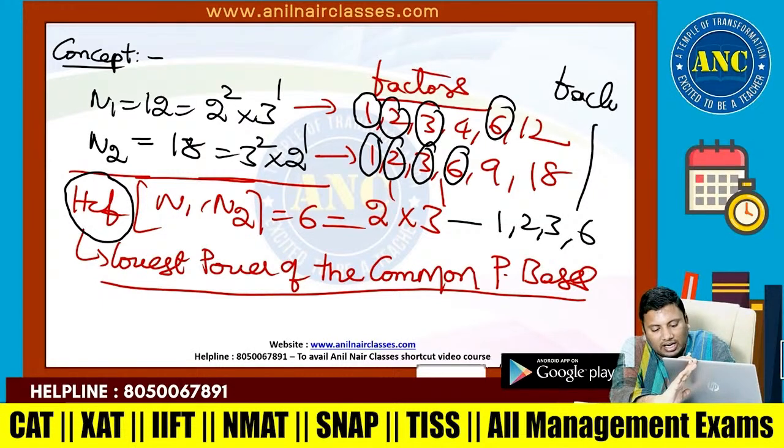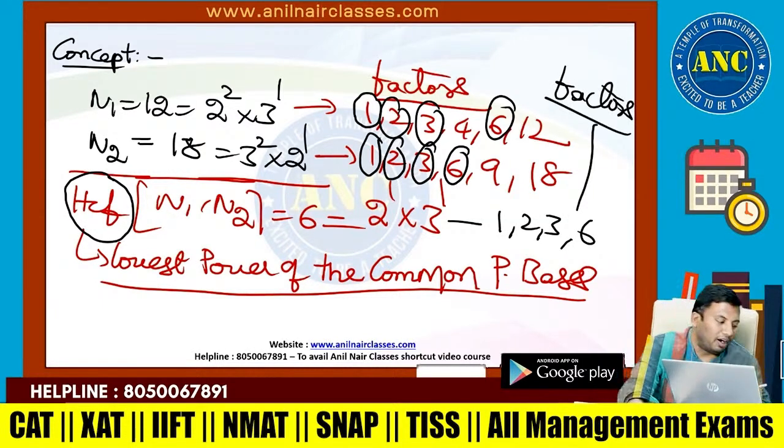That is the reason I am taking the HCF of 12 and 18. Factors common to n1 and n2 are the factors of the HCF, which is 6.